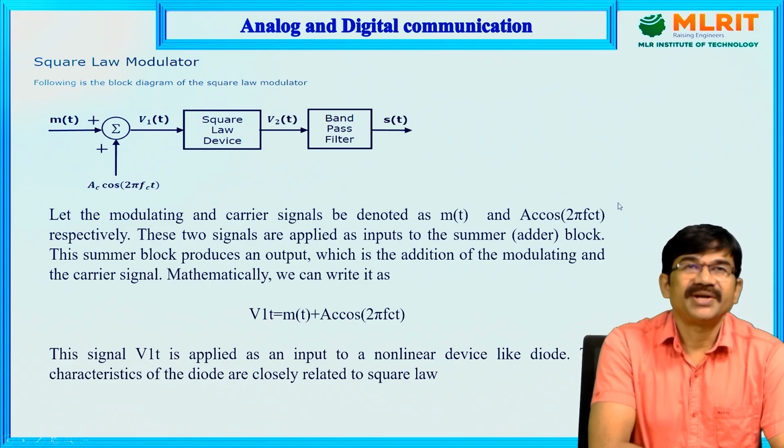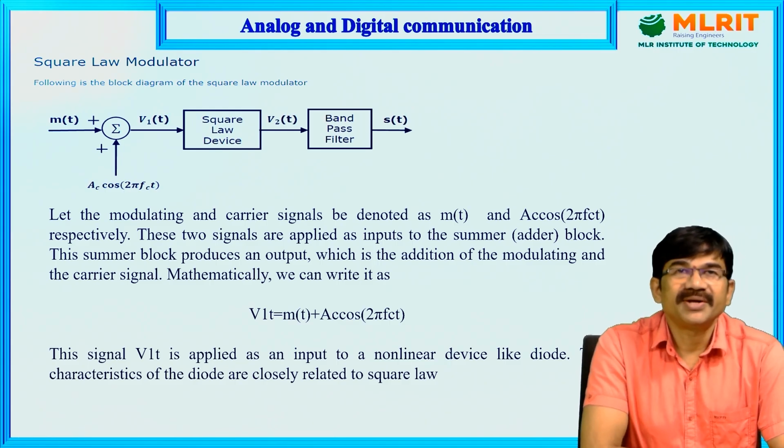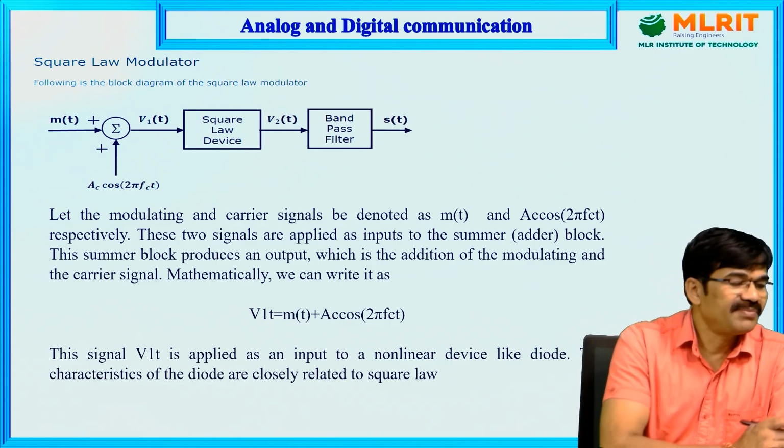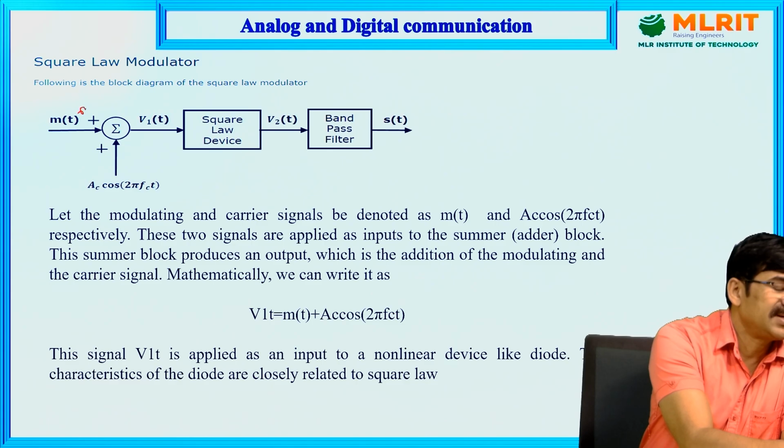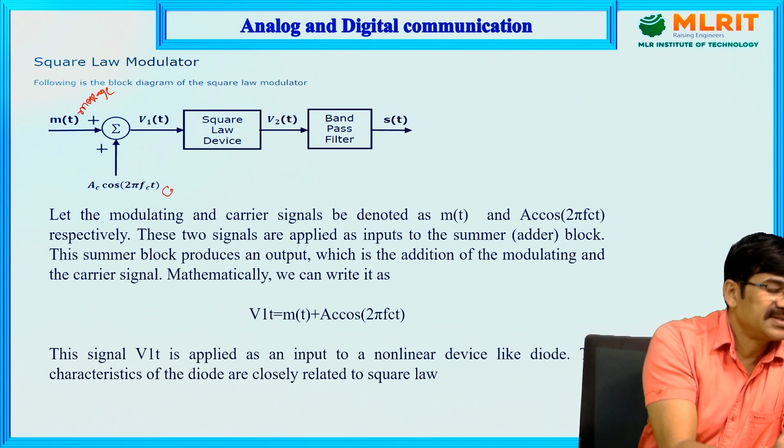The square law modulator block diagram contains M of t, the message signal, and Ac cos 2 pi fc t, the carrier signal.